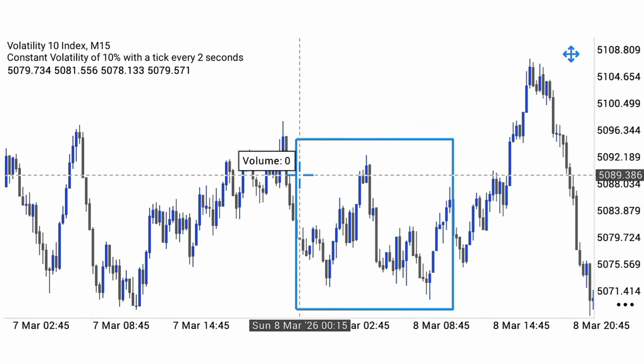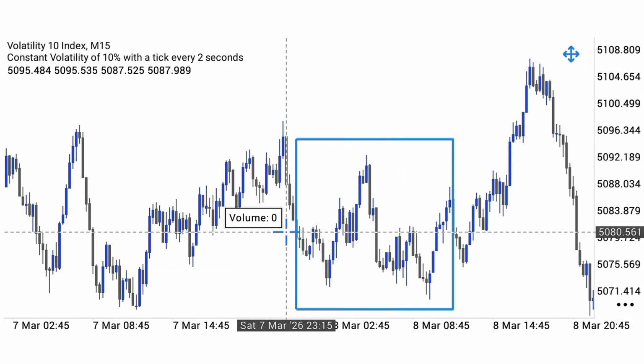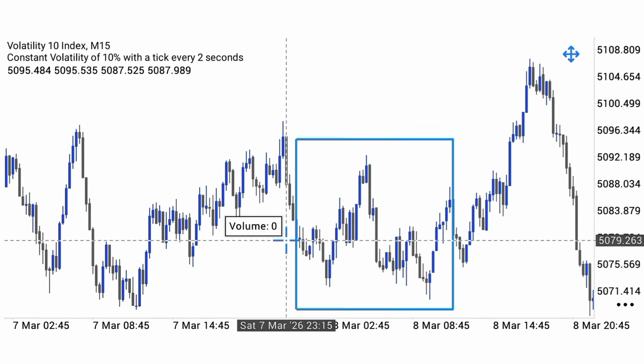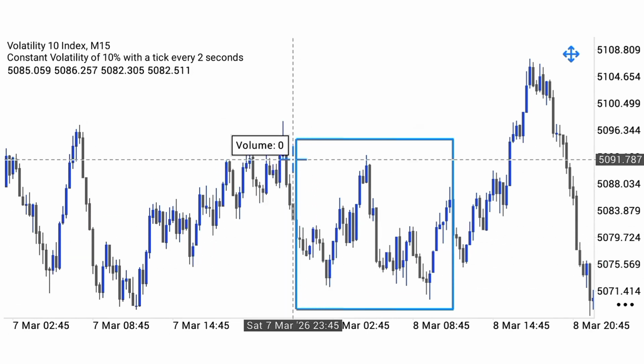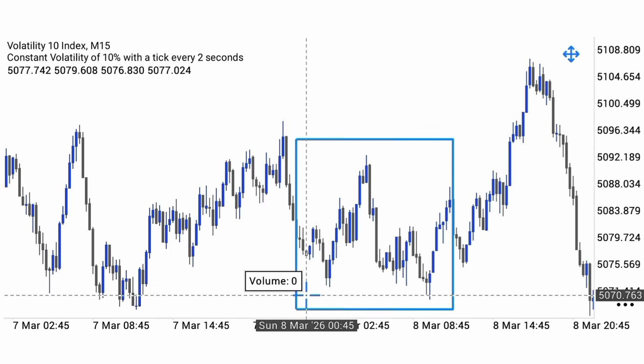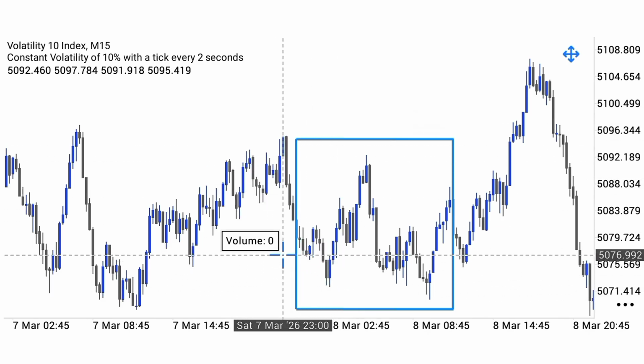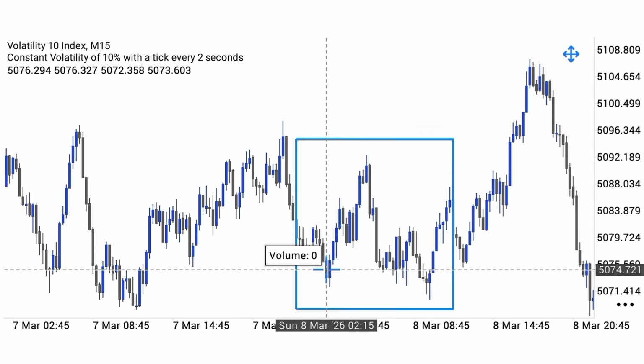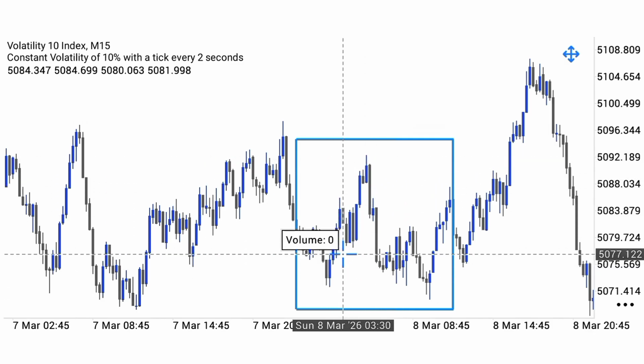So right here, this is our point of interest. The market came down and made a little downtrend movement. This movement here is a downtrend setup. But hopefully the market now went up and created an uptrend setup.